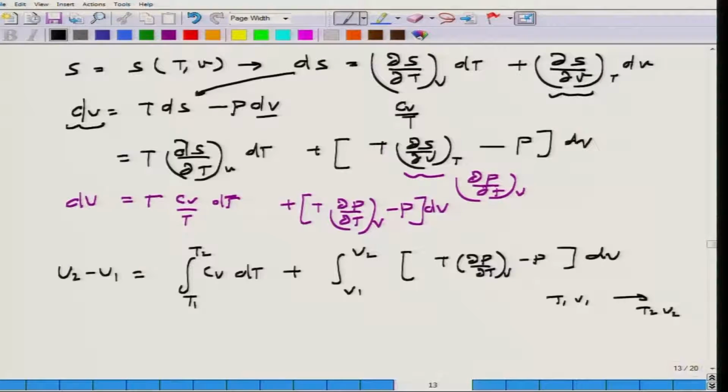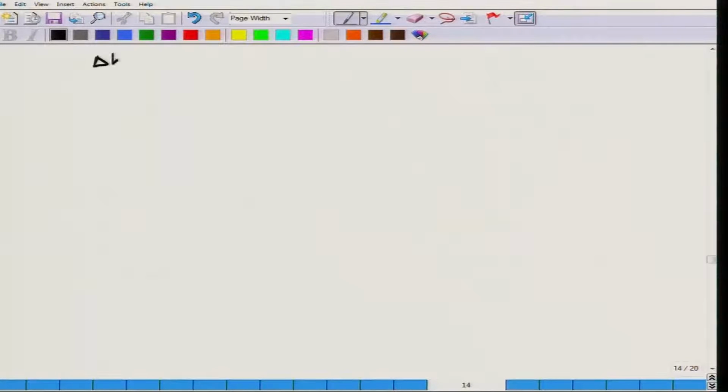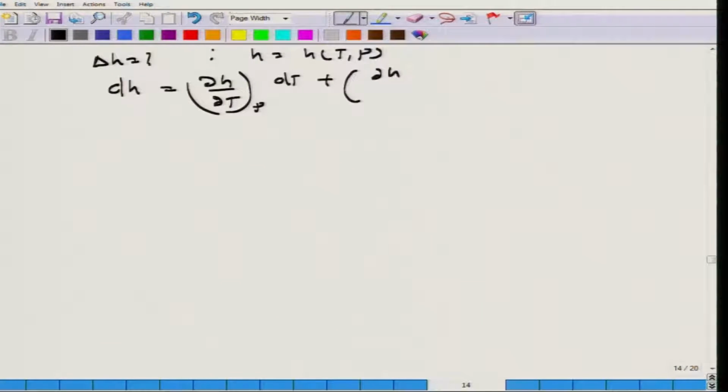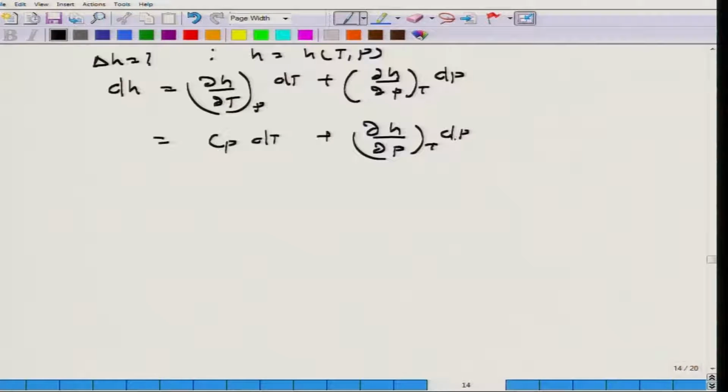Okay, so similarly we can also calculate the change in enthalpy. What would be the change in enthalpy? So we already know H as a function of T, P, so dH is going to be del H by del T at constant P dT plus del H by del P at constant T dP. This is going to be Cp dT plus the second term.